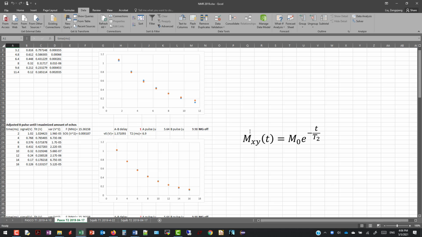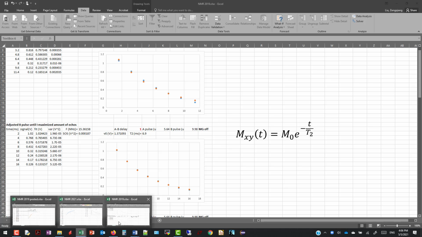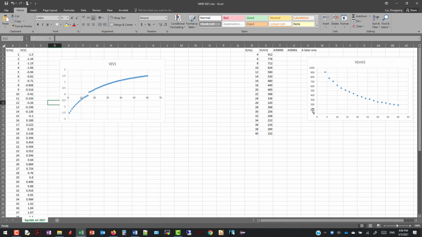So that's basically how T2 is obtained, and with this year's data, I have a lot more data points, as you can see. But I also got rid of the t equals 2 because it's very close to the t equals 4 milliseconds. So this should be easy enough to fit with an exponential decay, and then you can extract your T2 here.